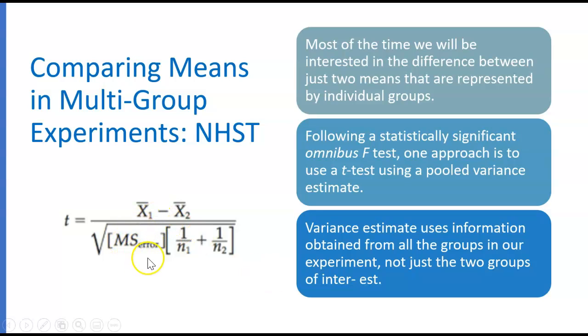So this MS error, it's not just your two groups, but it's the whole experiment. So it's taking into consideration not just the two groups that you're comparing, but all of the error for the entire sample. And then, in the context of all of these groups, this pair, and then assessing whether or not the means are significantly different from one another.